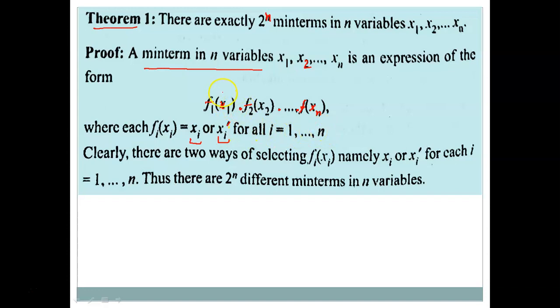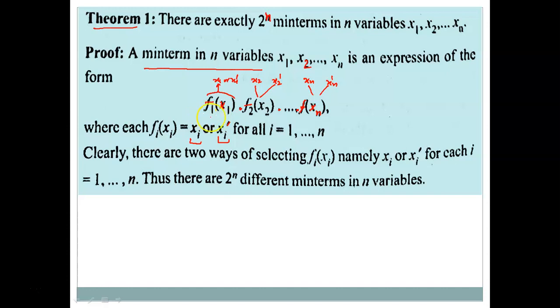So here you can see that f1(x1) has two choices, either it can be x1 or it can be x1 complement. Similarly, f2 has two choices, either x2 or x2 complement. Similarly, fn has two choices, either xn or xn complement.